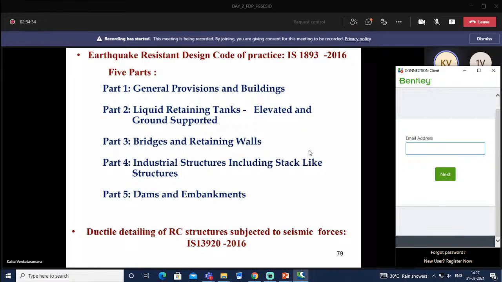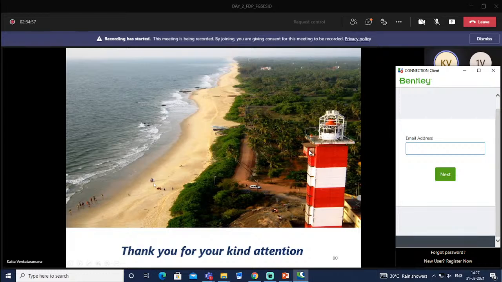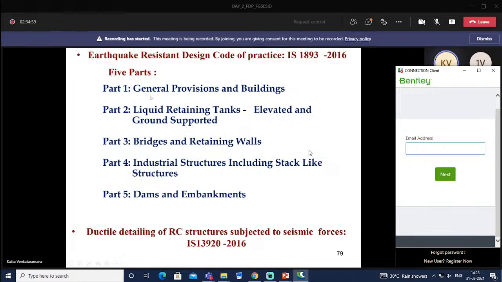Part 1, general provisions as well as requirements of buildings. Part 2 is for liquid retaining tanks, elevated and ground supported. Part 3 deals with bridges and retaining walls. Part 4, industrial structures, including stack-like structures. And Part 5, dams and embankments. That is the earthquake resistant design code.